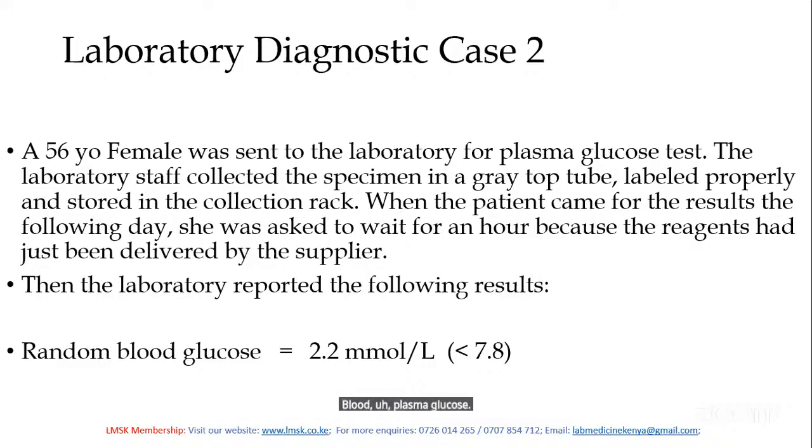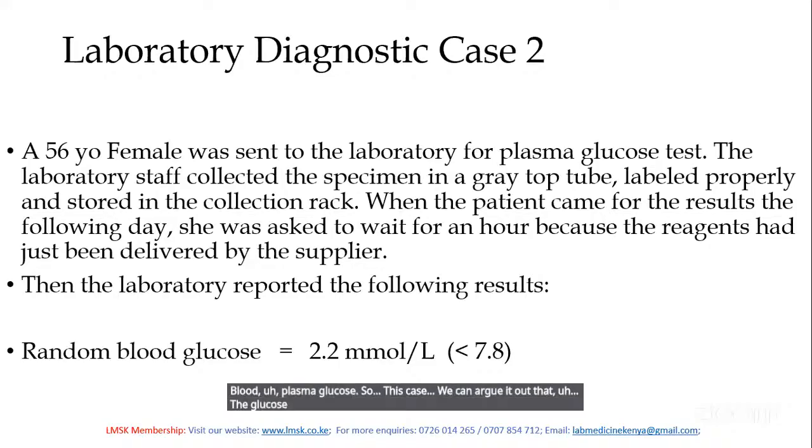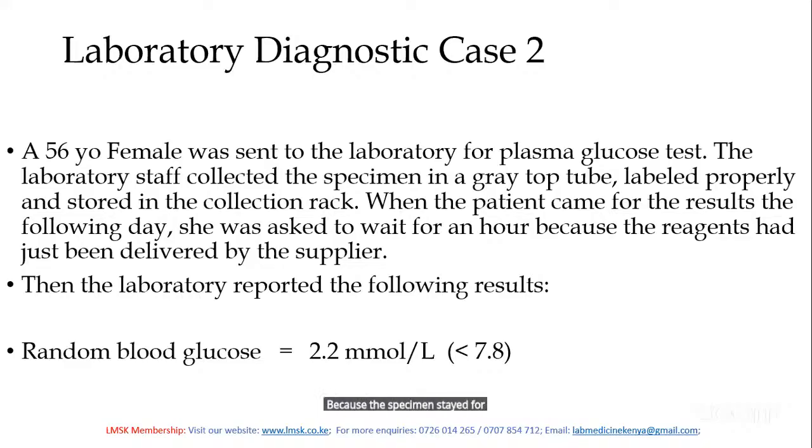So in this case, we can argue that the glucose concentration in the plasma, because the specimen stayed for more than 24 hours, maybe it was in the rack only, not taken to the refrigerator.